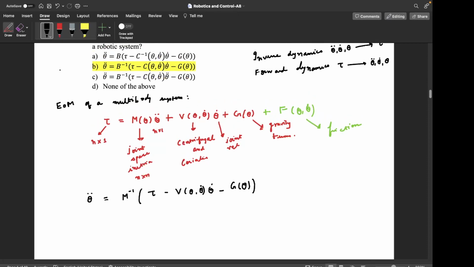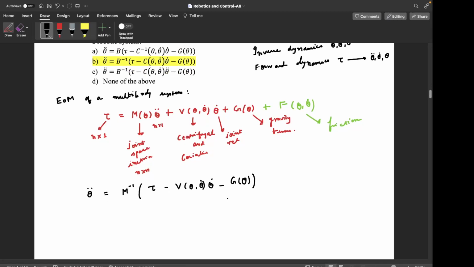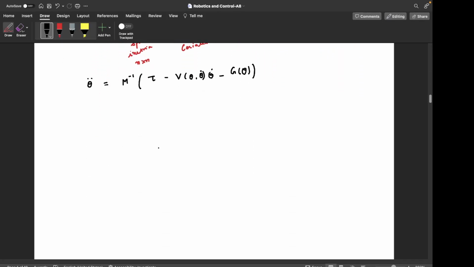And if you see, this option B corresponds to this expression, right? Now since there's a term here, dynamic model based control, let's just briefly cover that also.